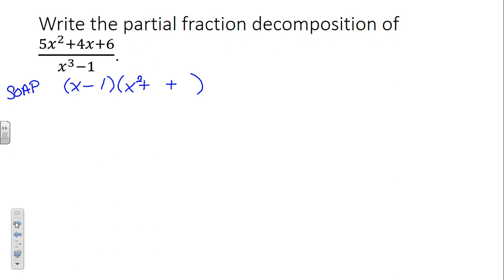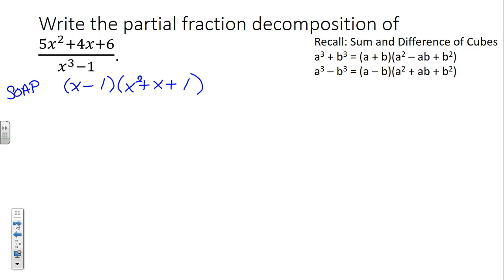What goes in the middle? X, right? The product of these two. And what goes into our last? The 1 squared, which is 1. If you've forgotten the sum or difference of cubes, that's how we do them.